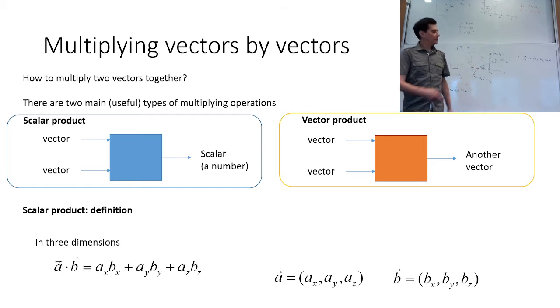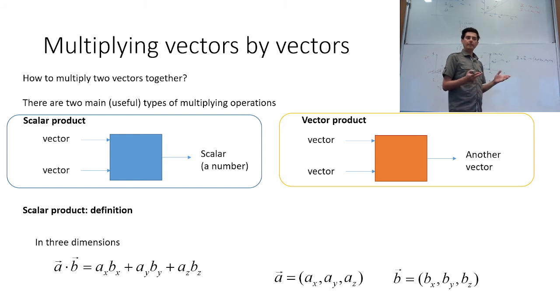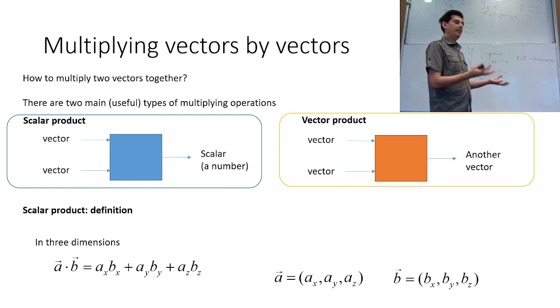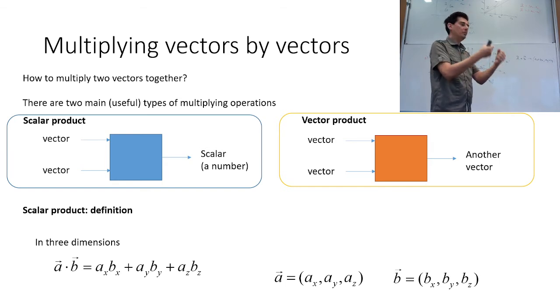And for this scalar product, it so happens that I could choose any coordinate system for vectors A and B, and I will end up getting the same answer. That's the magic aspect of this formula, that it's invariant under your choice of basis.